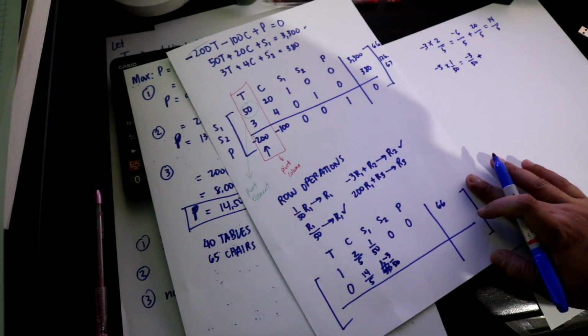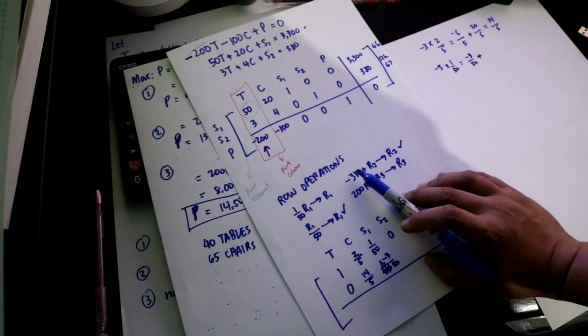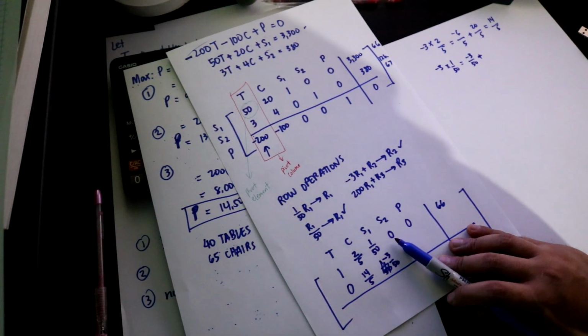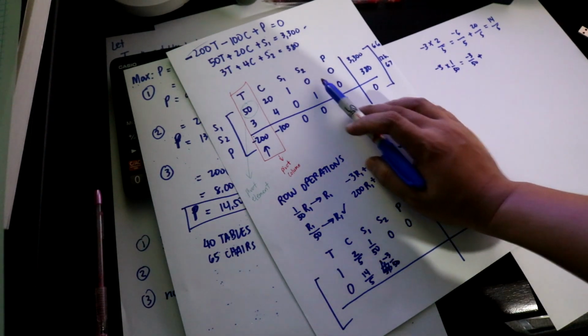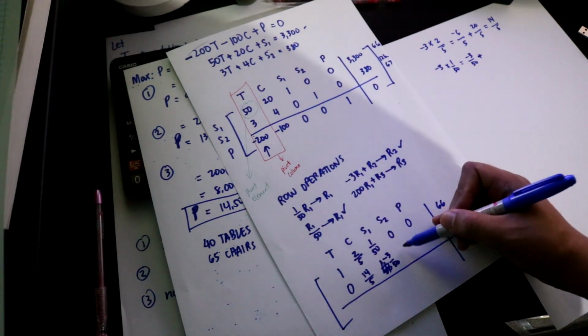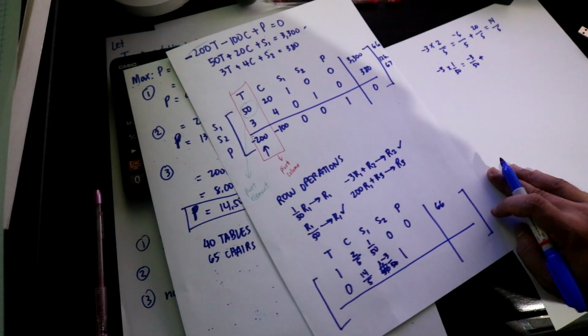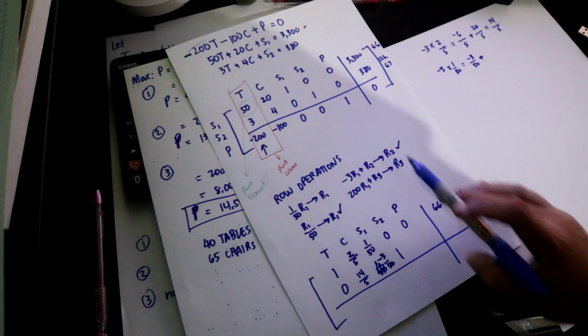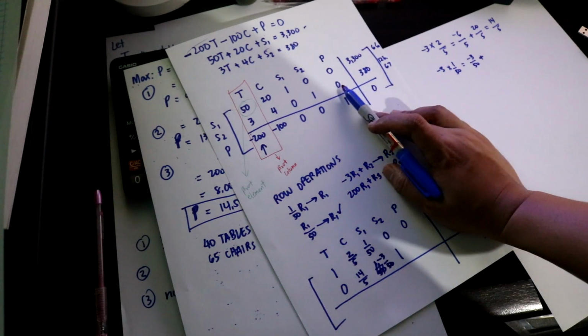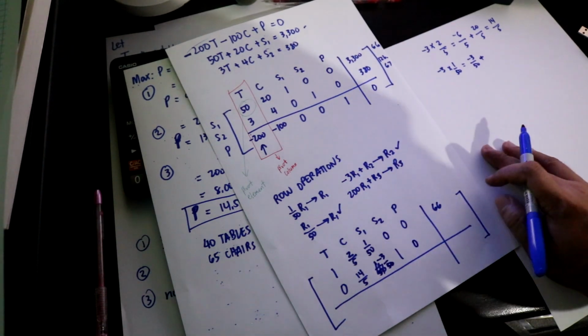Next, negative 3 times 0 would be 0 plus 1 would be 1. Negative 3 times 0 plus 0, 0.